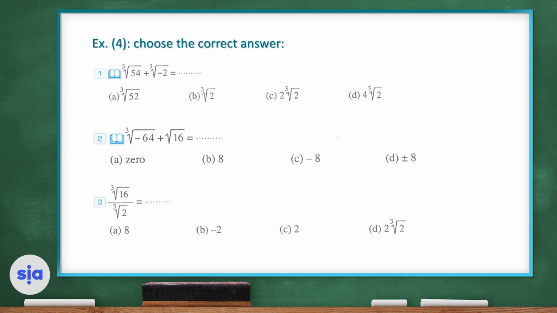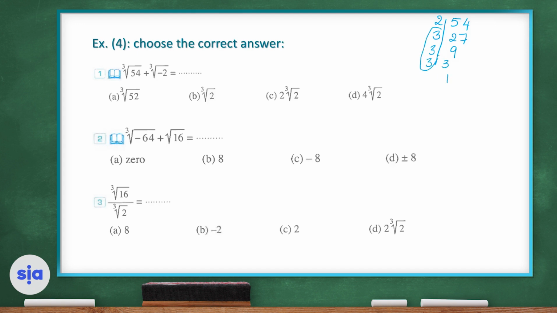A different type of question, to choose the correct answer. Cubic root of 54 plus cubic root of negative 2. Let's first find the prime factorization of 54. Divided by 2, it's 27. Divided by 3, it's 9. Divided by 3 is 3. Divided by 3 is 1.